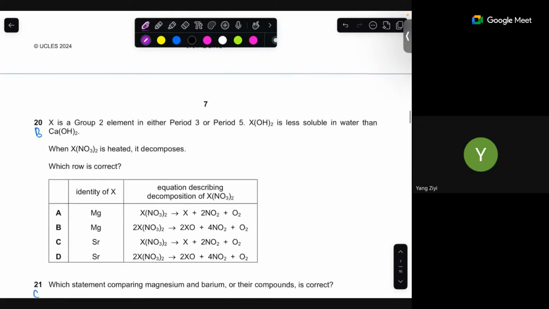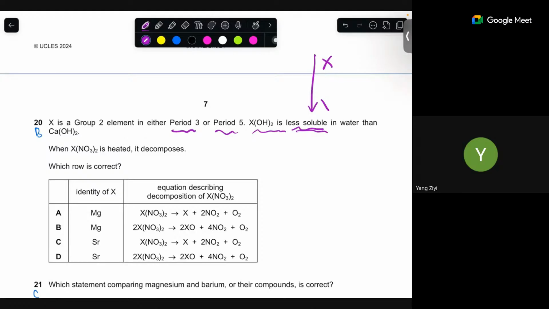20. X is a group 2 element, either in period 3 or period 5. So X(OH)2 is less soluble. Now, if it is less soluble, do remember that going down the group, solubility increases. If it is less soluble, it means X is going to be at the top.